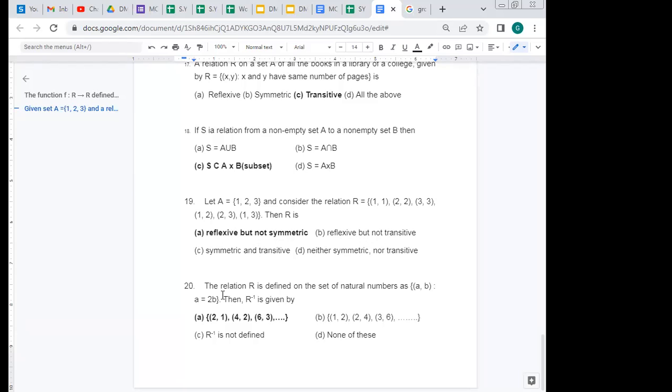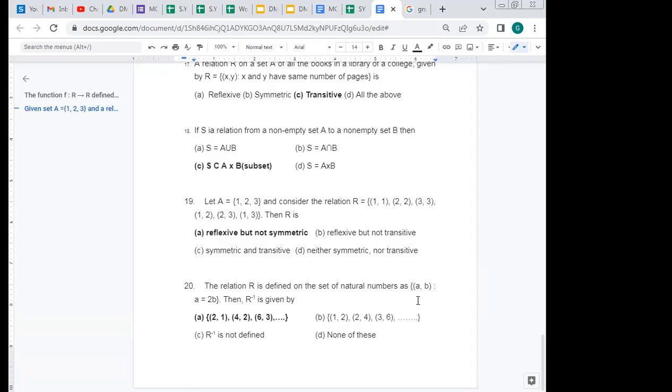Okay, and the last question is, the relation R is defined on the set of natural numbers as (a,b) where a equals 2b. Then R inverse is given by... what R is, that we have to first think, and then about R inverse. A equal to 2B is given, which means a larger number will be first. I think I have made a mistake here.